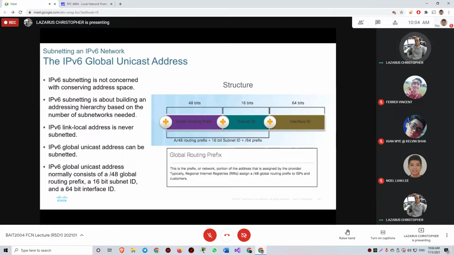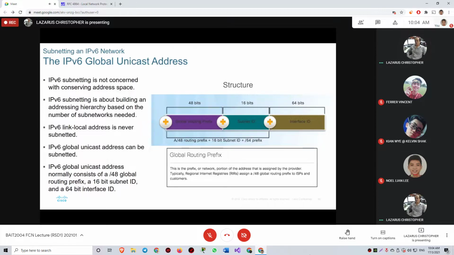Once you assign a link local address to a host, you cannot subnet it further. Link local addresses are not subnetted. Only the global unicast address can be subnetted, and what we talked about earlier is how we subnet a global unicast address.